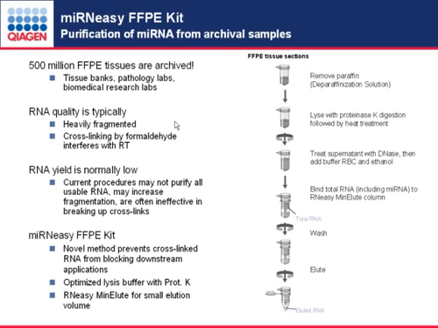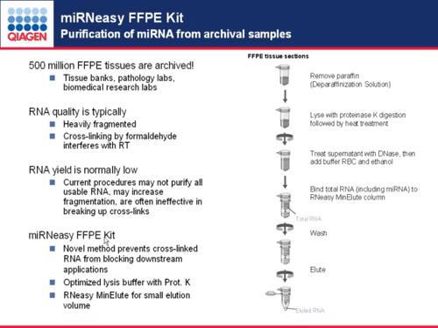Traditionally, there are problems with isolating RNA from FFPE tissues: the RNA quality is typically heavily fragmented, and cross-linking by formaldehyde can interfere with the RT. In addition, with traditional methods, the RNA yield is normally low, and the procedure may actually not purify all usable RNA. The procedures may also increase fragmentation, and they're often ineffective in breaking up cross-linking.